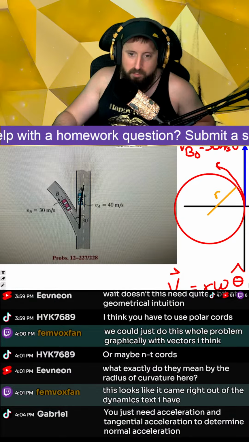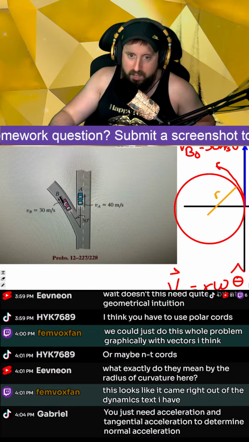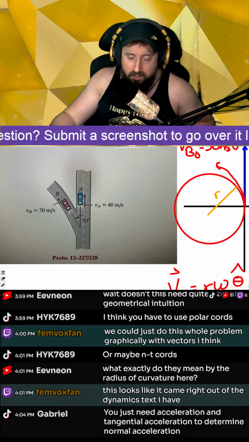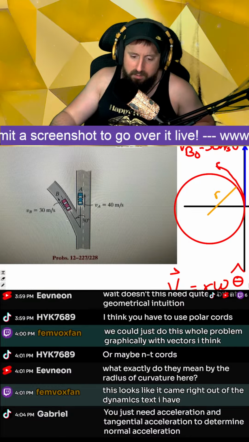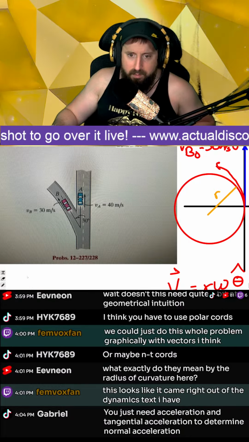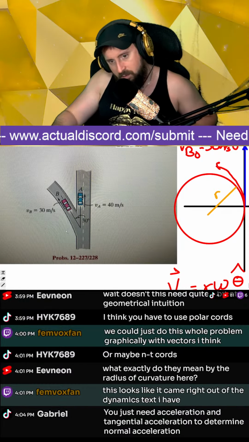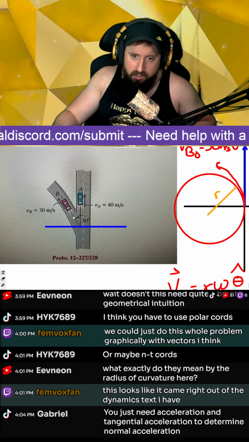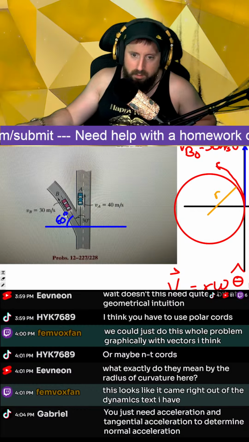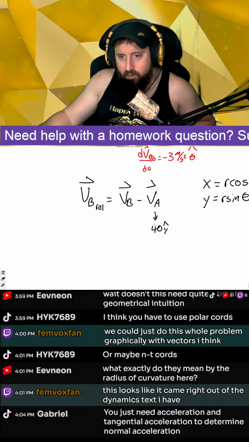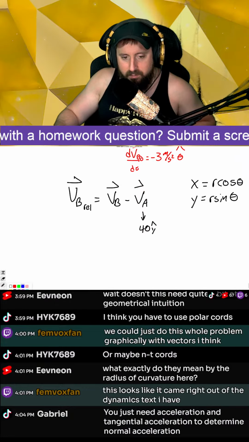Because this is pointing in the y hat direction, so I just want to break this up into components, right? So if this is 30 degrees, that tells me this is now going to be 60 degrees? Okay. So yeah, it's not that complicated.